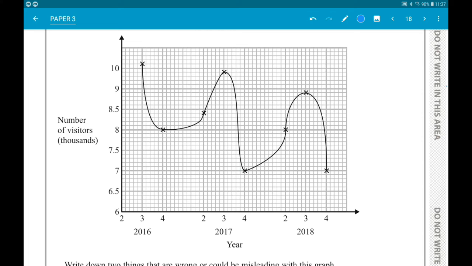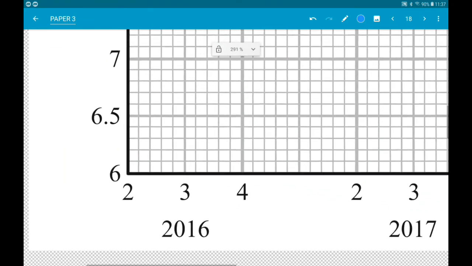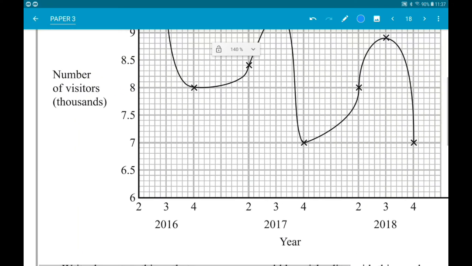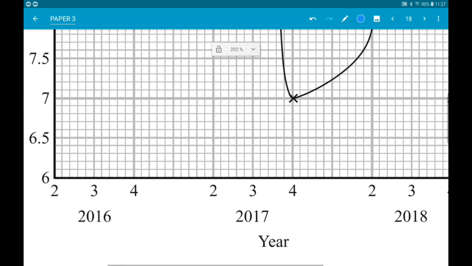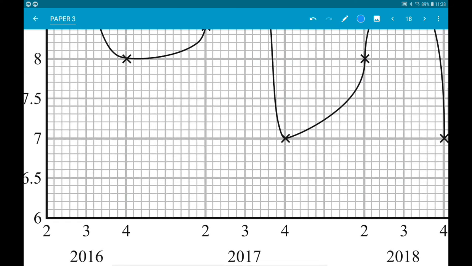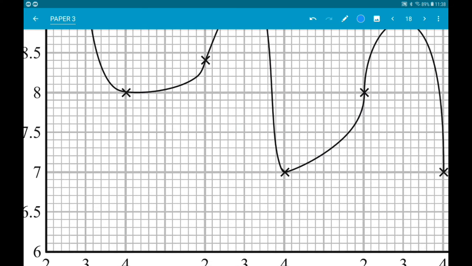On the y-axis, we start at 6 instead of 0, so that's a bit misleading. Along the bottom, the phone's ringing. So along the bottom, what he's done is split each year into quarters. For some reason, he couldn't be asked to write the ones, and also, where there should be ones, there are no values plotted on the graph.